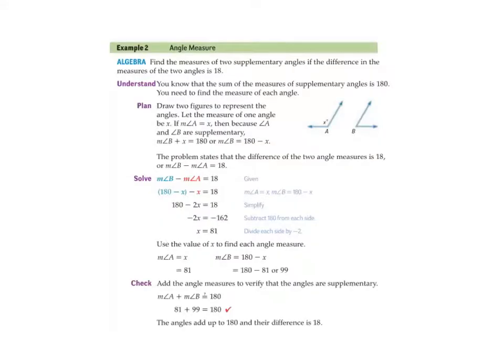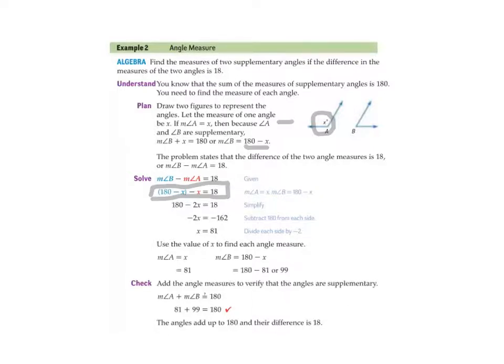Okay, so let's have a look at example 2, and this is a typical example where you don't know anything about the angles. Okay, so as you can see from the example, they just give angle A X. Okay, so you can give it any letter, but normally, as you know, in algebra we do X. So angle B must be 180 degrees minus X. So even though you've got no angle sizes, now you can actually put things in, as you can see, in an algebraic expression.